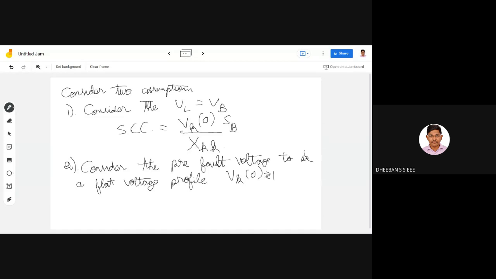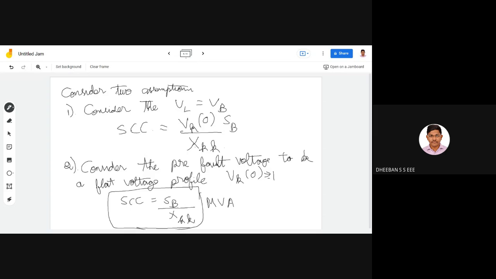Okay, and now your SCC will be equal to S_B by X_KK. So these are the two assumptions. If you are not considering the assumptions, what you have seen in the previous slide is the value of your SCC. The unit over here will be MVA. Okay, so this is with respect to your short circuit capacity SCC.